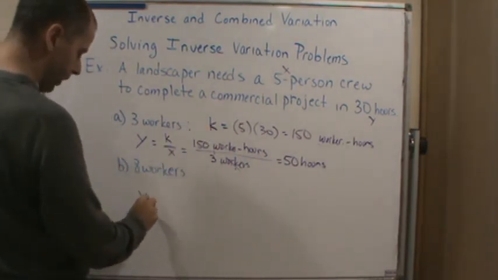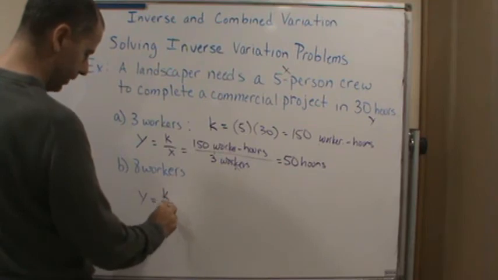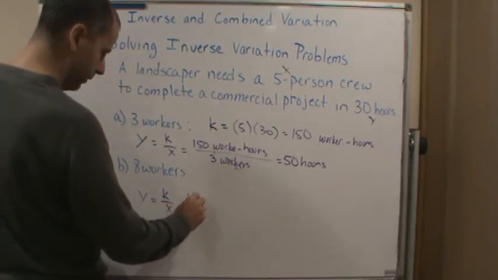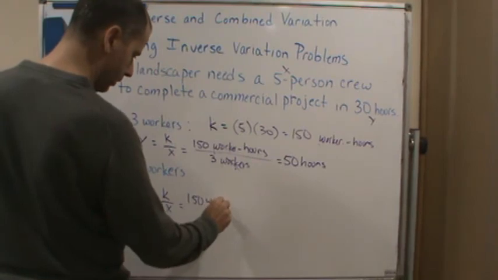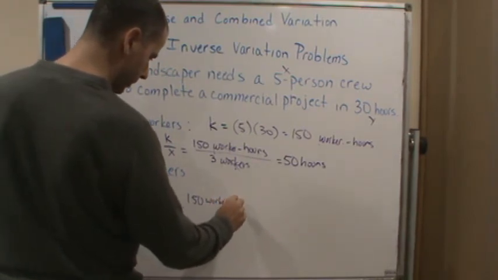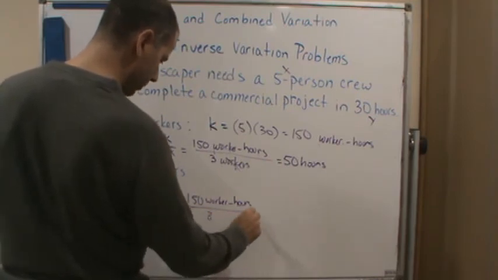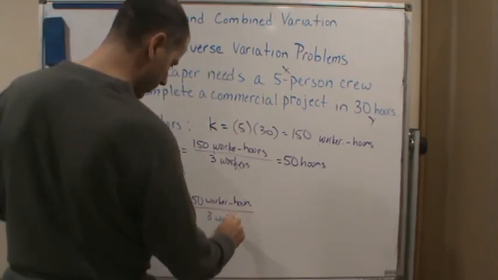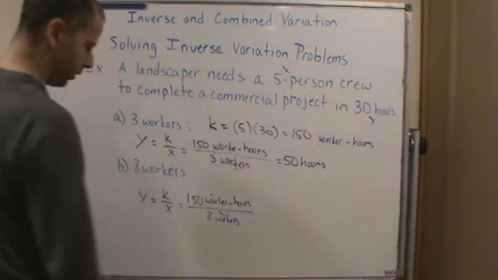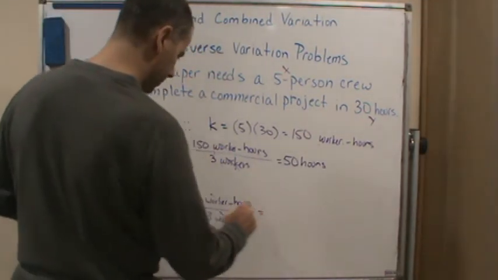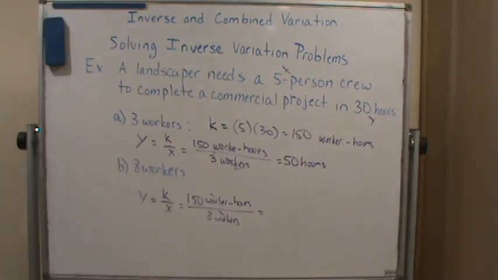So now in this case, it's going to be Y equals, again, K over X. And it's going to be 150 worker hours over now 8 workers. And again, workers cancel. So I'm left with hours. So the dimensional analysis works. And so now 150 divided by 8 should give me less than 30 hours, right?